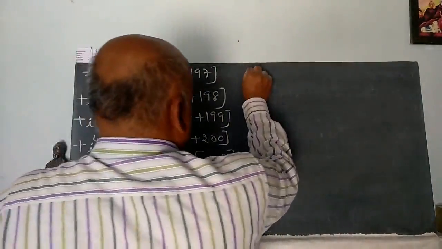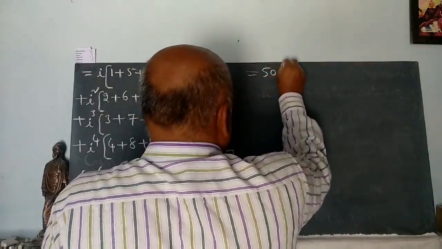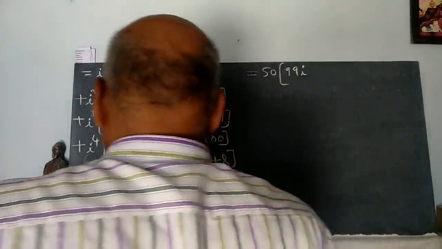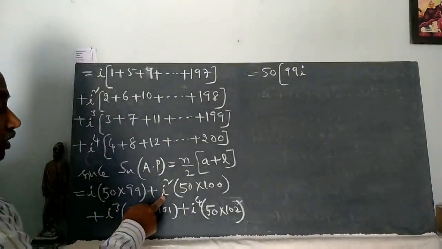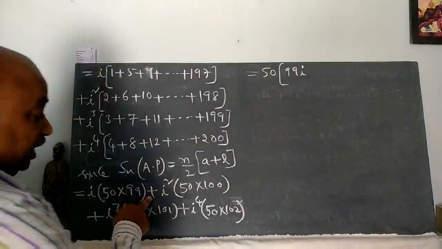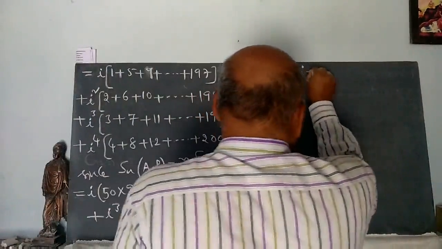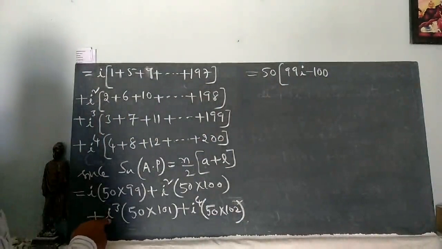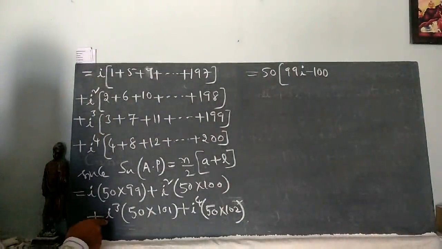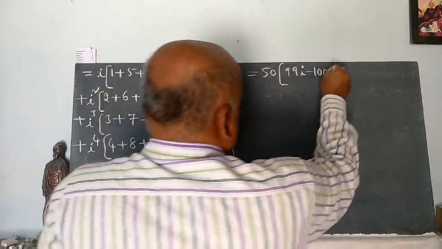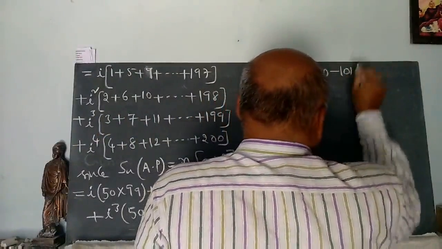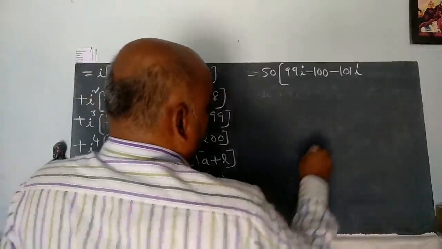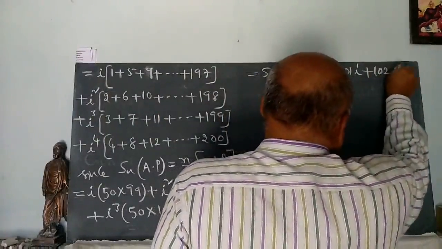So this is equal to, 50 is common, so 99i. Here i square value is minus 1, so minus 1 into 100, minus 100. Next, i cube is minus i, so minus i into 101, minus 101i. i to the power of 4 value is 1, so 1 into 102, plus 102.